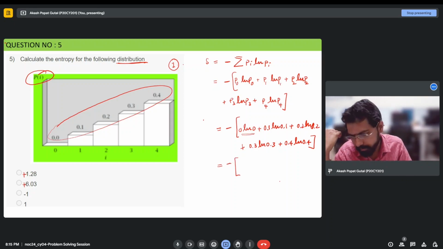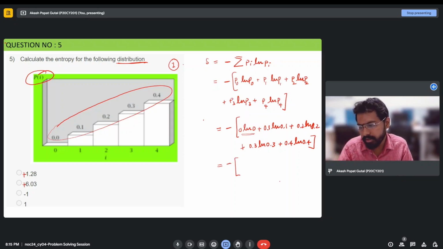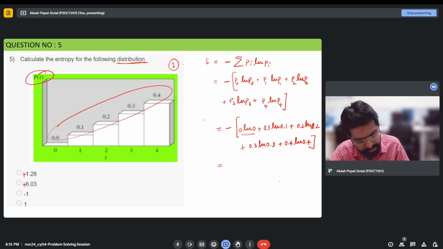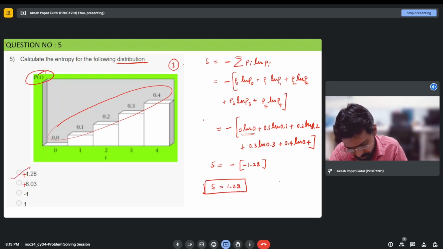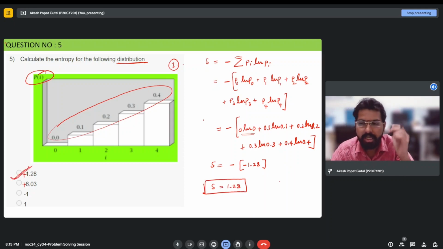If you calculate the logarithms and add them, we'll get minus 1.28 for S. So S is equal to 1.28. Your entropy will be option number A, 1.28.